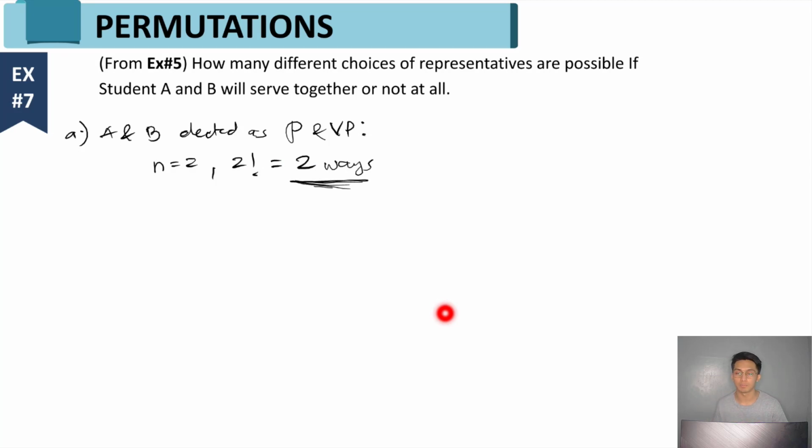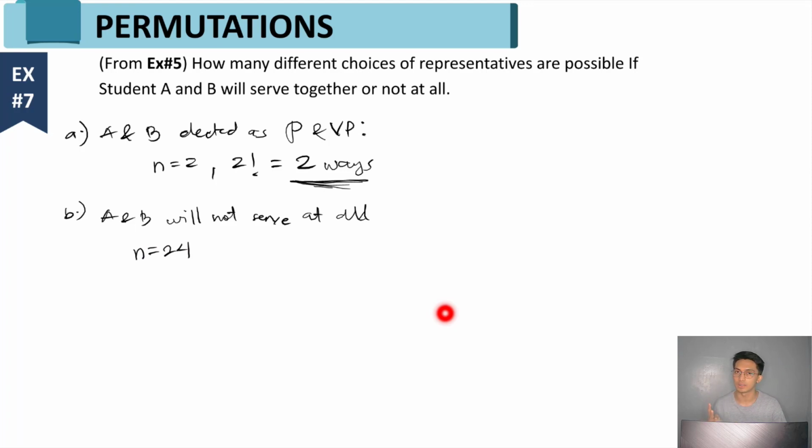And may pangalawa pa tayong situation. For situation B, A and B will not serve at all. Dahil maarte sila, dahil demanding sila, tinanggal na sila ng klase or ayaw nilang sumali sa election. So, ang mangyayari dito, yung 26 students mo ay babawasan natin ng dalawa, tatanggalin na natin si A at saka si B. So, matitira, we have 24 na lang for N. 24 and we still have 2 officers.